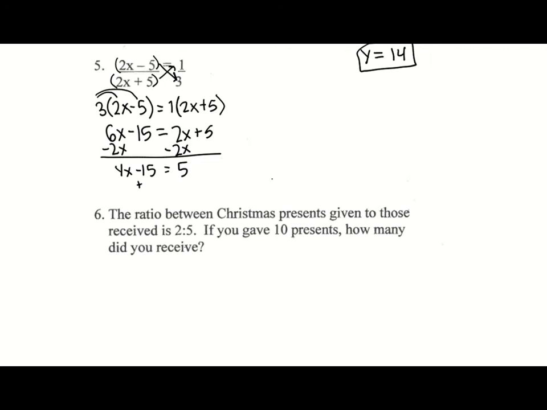And then bring all my numbers to the right. Combine all my like terms. So I get 4x equals 20. If I write this up here so I can do my last step, I have 4 times x, so I need to divide. Get x equals 5.